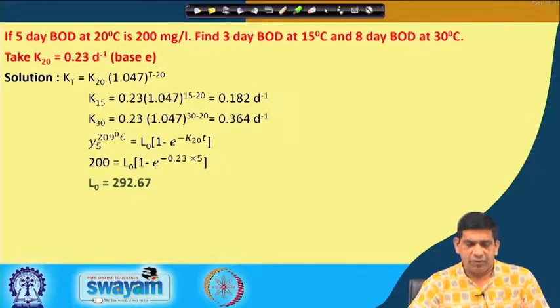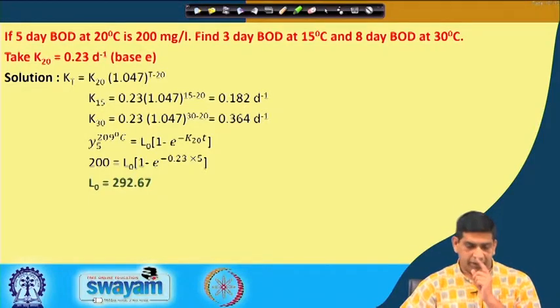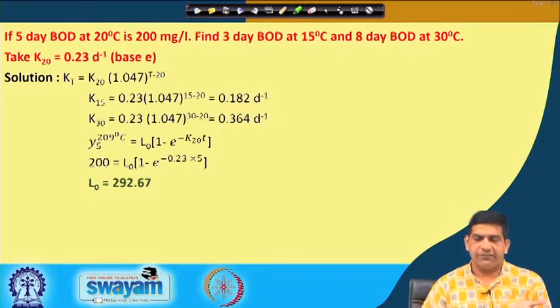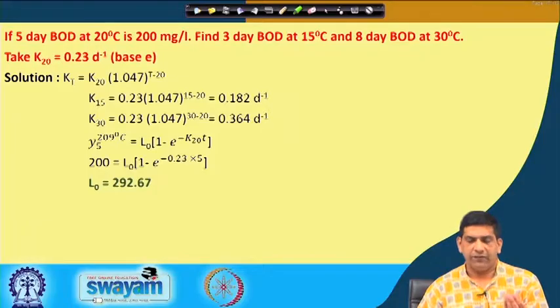Now, in the second problem, it says the 5-day BOD at 20 degrees centigrade is 200. Find the 3-day BOD at 15 degrees centigrade and the 8-day BOD at 30 degrees centigrade, and K20 is 0.23 per day to the base e. So we have to find the K value as a function of temperature.